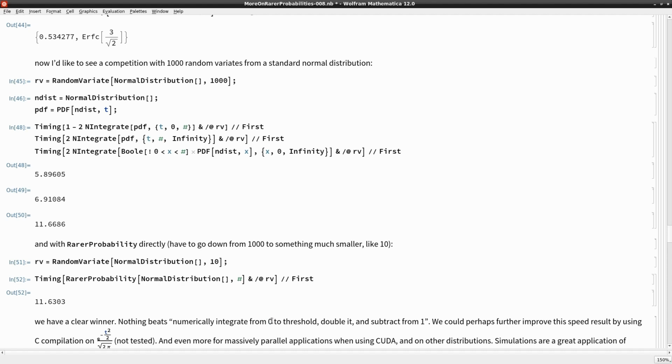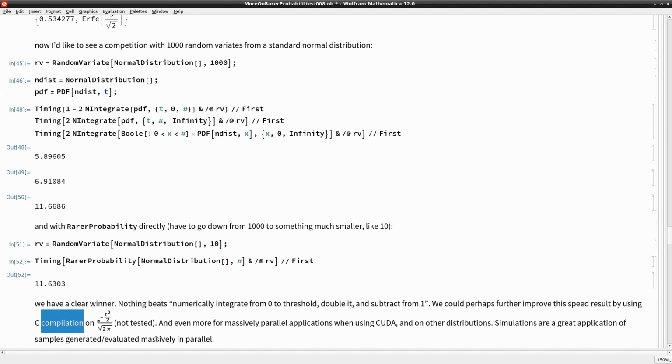So we could perhaps further improve the speed result by using C compilation, and I haven't tested this. And even more for massively parallel applications, we can use CUDA, and we can also use, of course, other distributions for this. And simulations are a great example of an application that uses samples that were generated and evaluated massively in parallel.